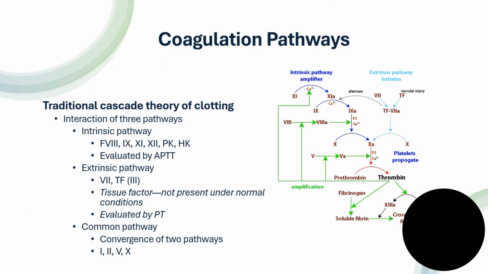The traditional coagulation cascade consists of the intrinsic, extrinsic, and common pathways that work together to form a stable fibrin clot. The intrinsic pathway is activated by contact with negative charged surfaces, like exposed collagen, and it involves factors like 12, 11, 9, 8, and some contact factors, prekallikrein and high molecular weight kininogen.